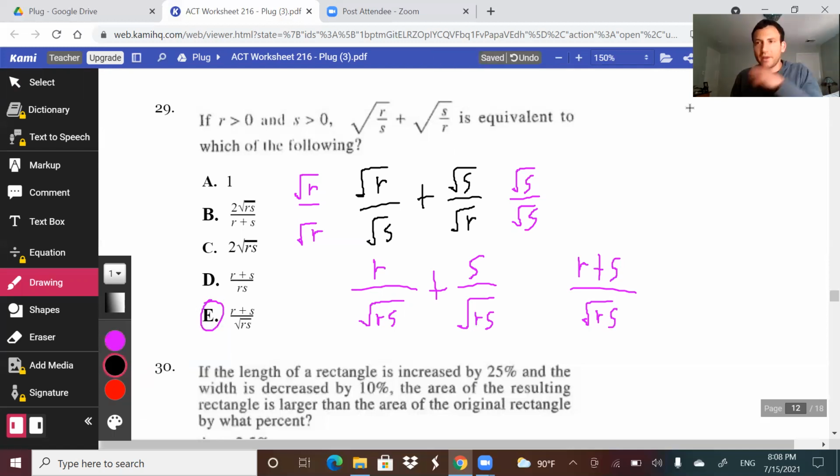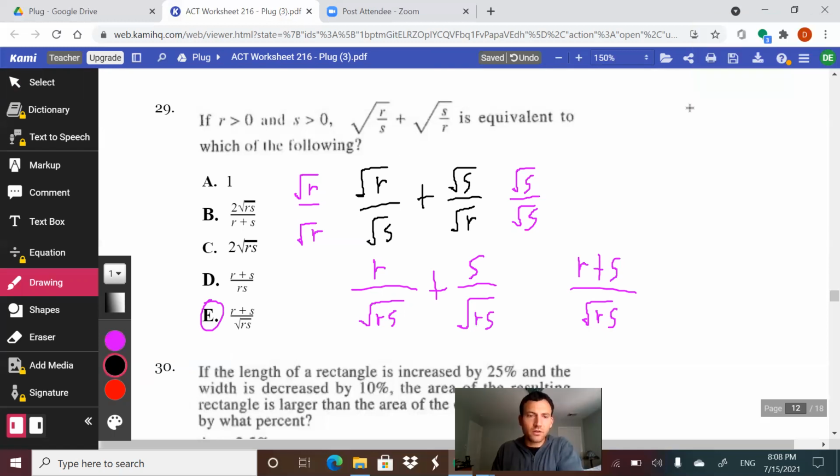The question is, why did that not work when we plugged in numbers? Again, just looking at this real quickly, if we make R equal 4 and S equal 2, this is going to be the square root of 2, plus the square root of a half.